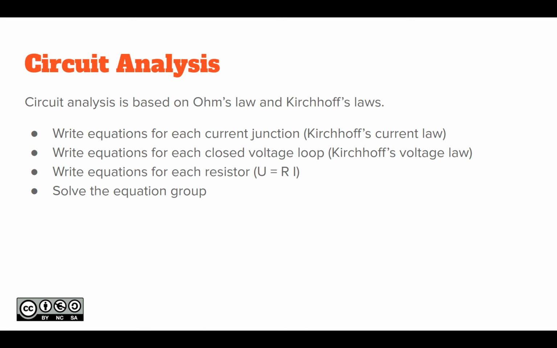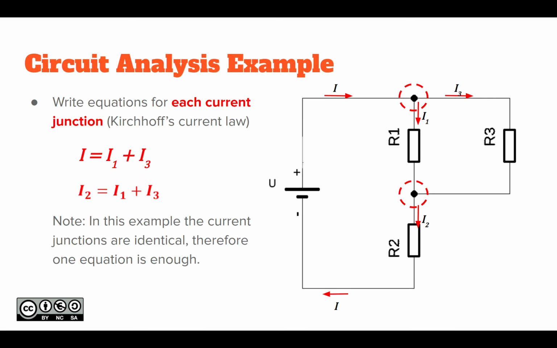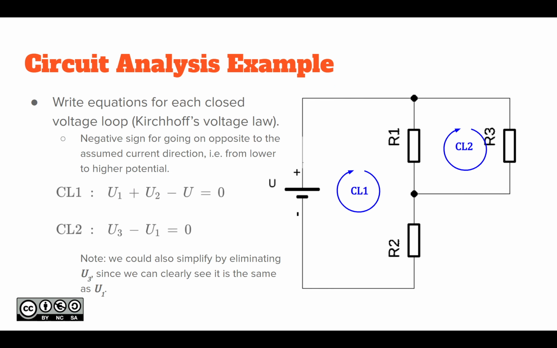In this example, things to remember: if you have identical current junctions, you don't need to duplicate those. You can use just one current junction formula, since practically those are the same.